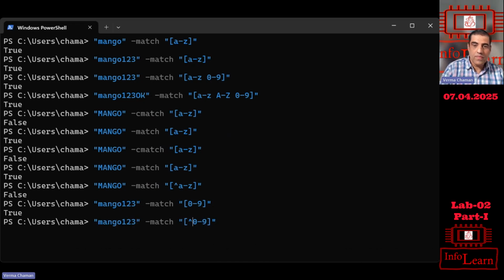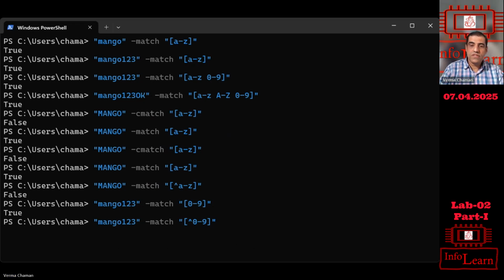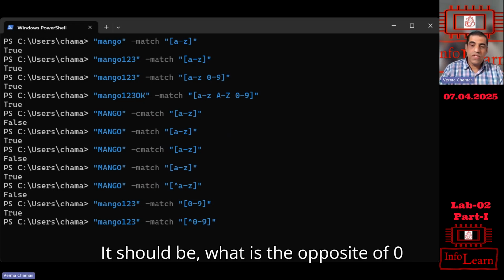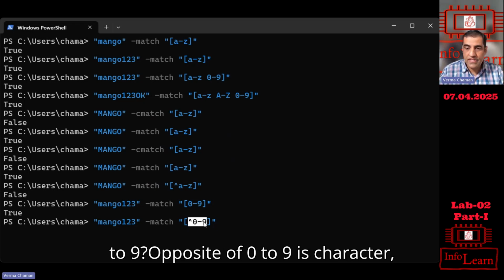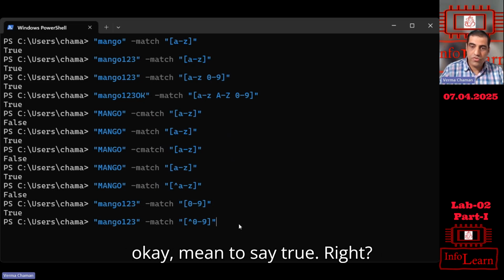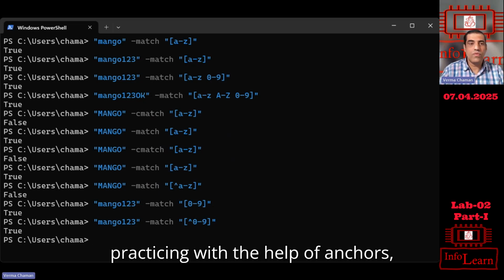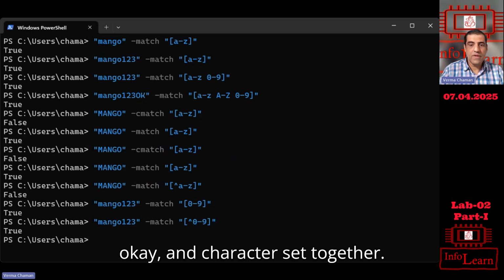What will happen now? Should the answer be true or false? What is the opposite of 0 to 9? The opposite of 0 to 9 is character. It is there, so it should be true, right? This way you can practice with the help of anchors and character sets together.